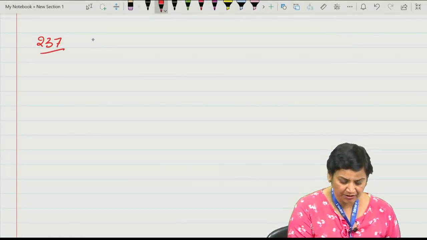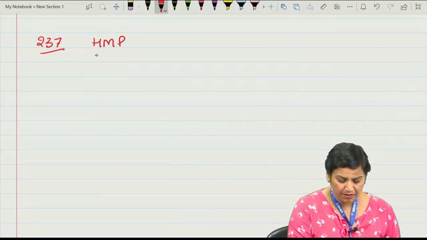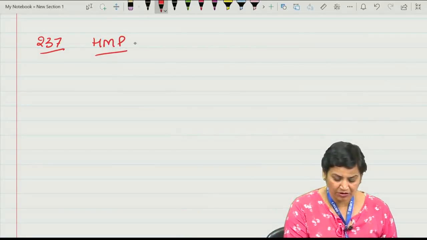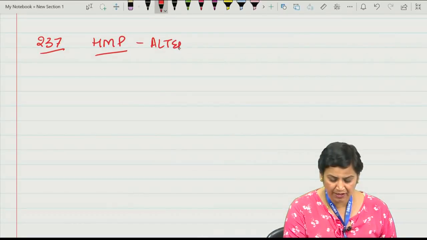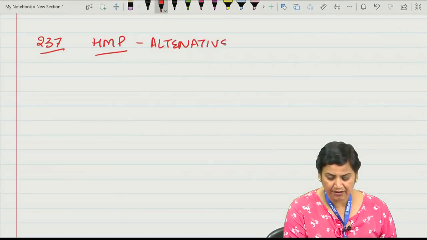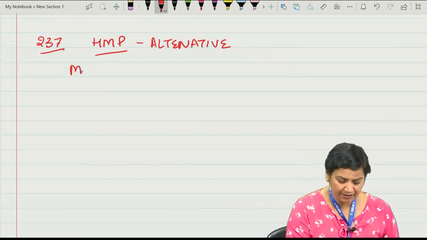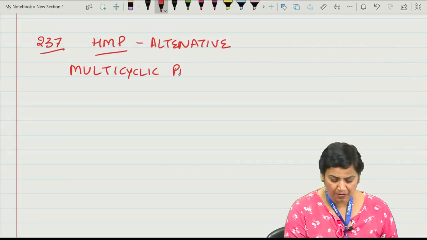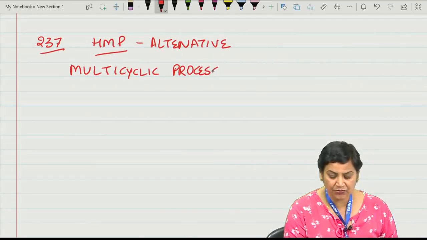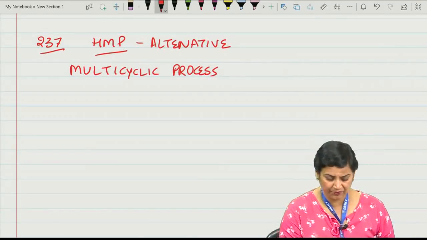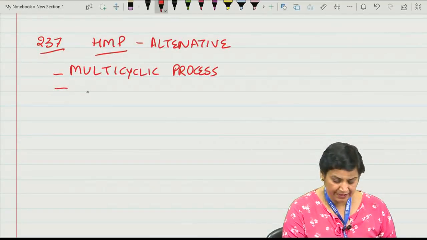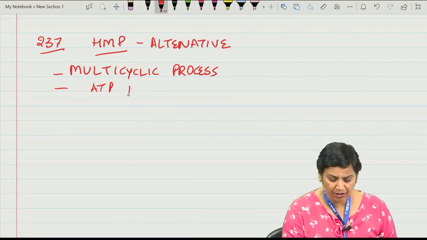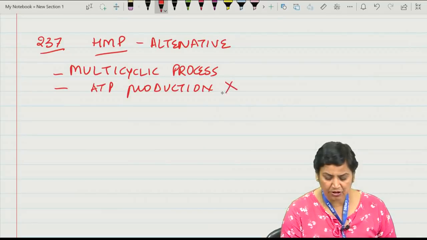What happens is, you know, HMP shunt is an alternative method of oxidation of glucose. It is a multicyclic process. It always starts with 3 molecules of glucose 6-phosphate. In this, ATP production does not take place.